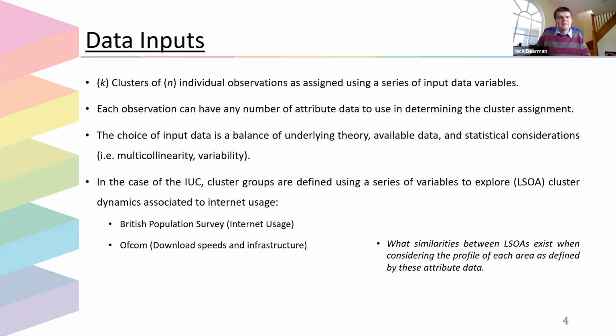Okay, great. So as I understand it, some of the internet usage data from Ofcom was probably at postcode level, and the DPS stuff was at LSOA, and the final output is LSOA. Why do we use LSOA for a lot of these outputs?